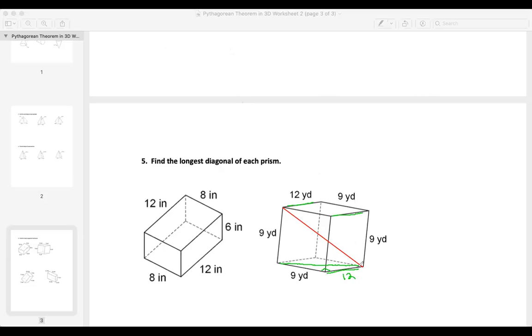So it is 12. So we got a rectangle of 9 and 12. Those are your A and B. Plug it in to find what that green line is right there. Then we got one leg of 9. The aforementioned green one will be your B value. Do the Pythagorean theorem to find out what the red line is. And boom, you're done. And so am I.